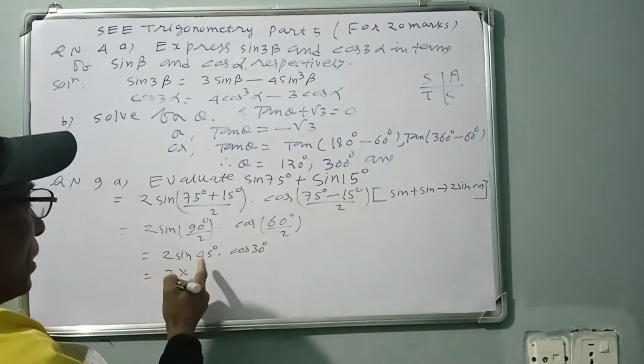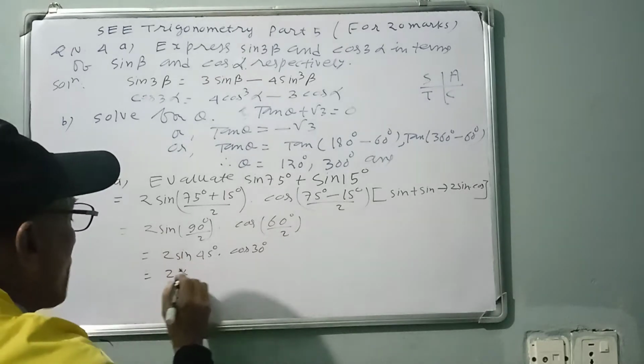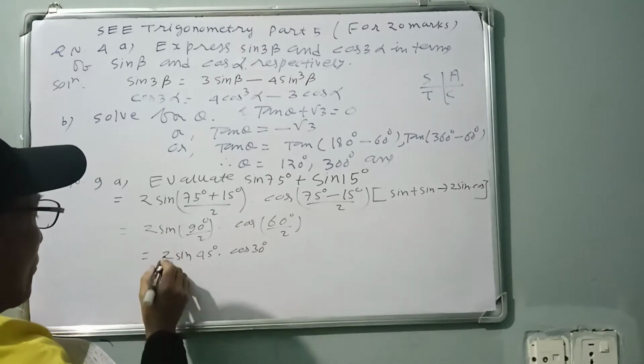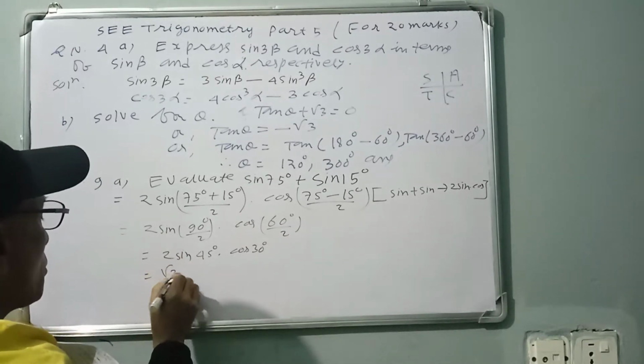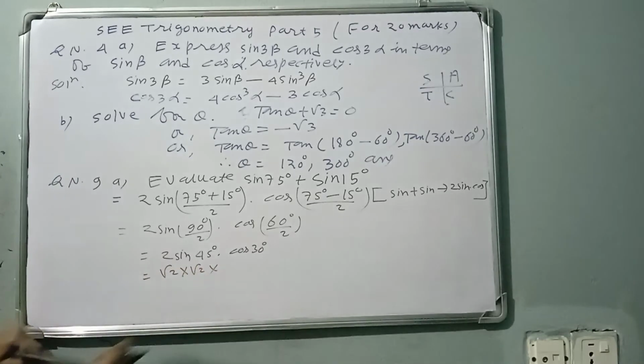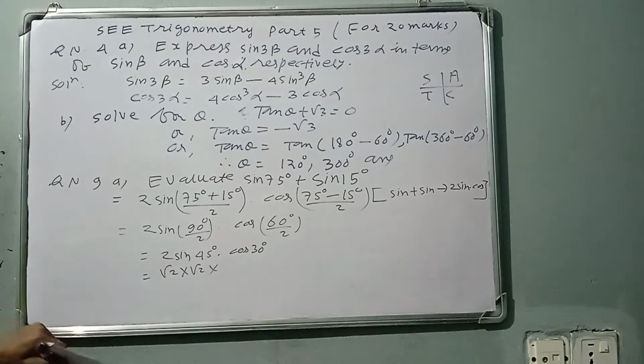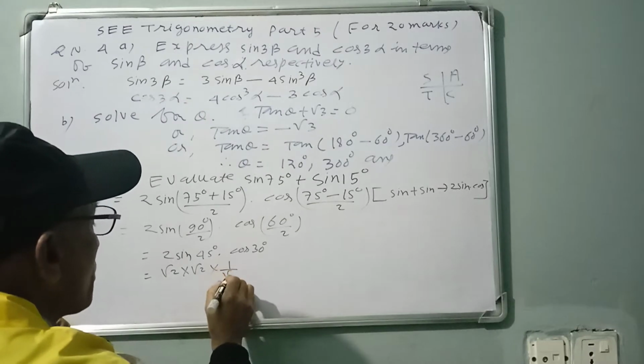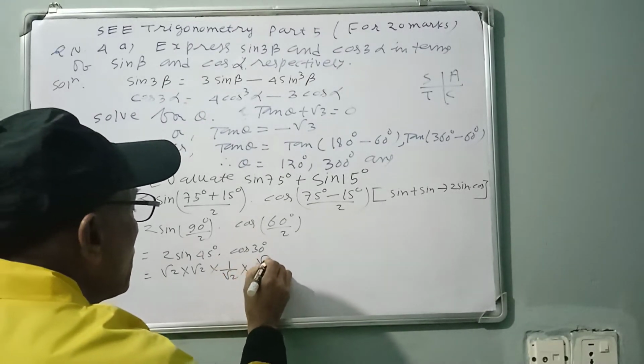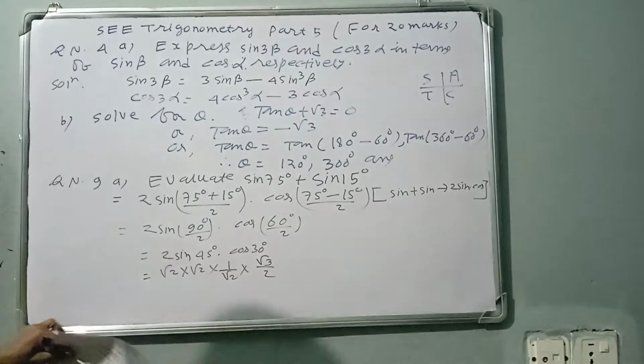See, sin 45 degree, or 2 can be written as root 2 into root 2. Root 2 and root 2 make 2. Sin 45 degree is 1 by root 2. Cos 30 degree is root 3 by 2.